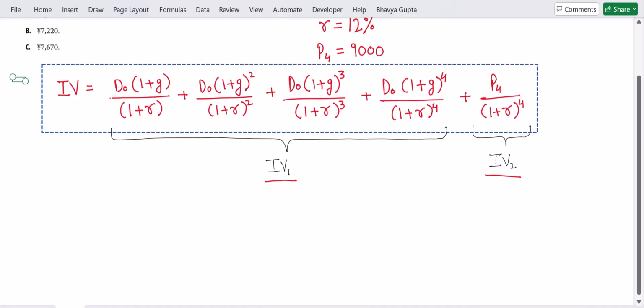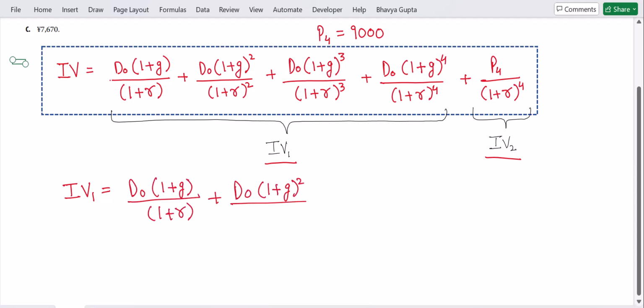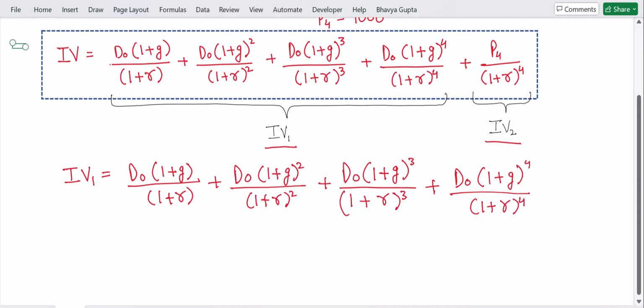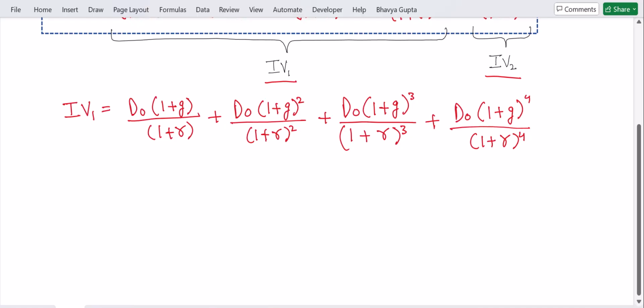So let's proceed now. Let's again rewrite the equation for IV1. This is the equation for IV1, right? Now if we see this, we can take out D0 as the common element from this equation.